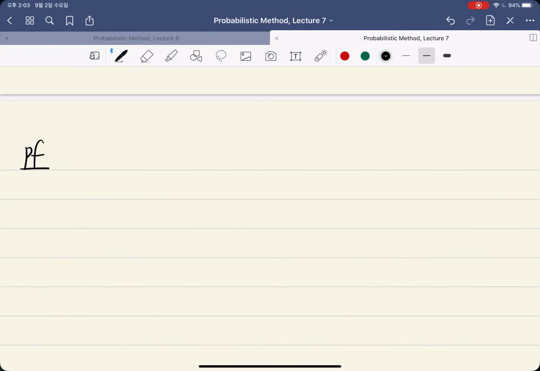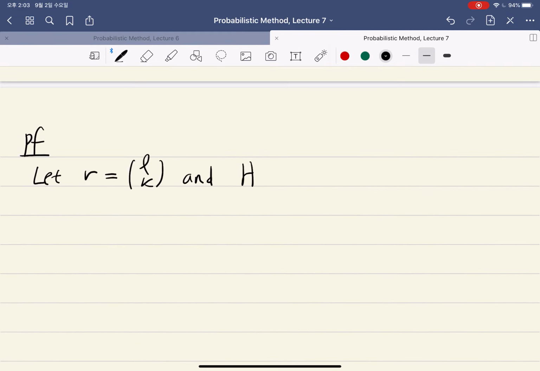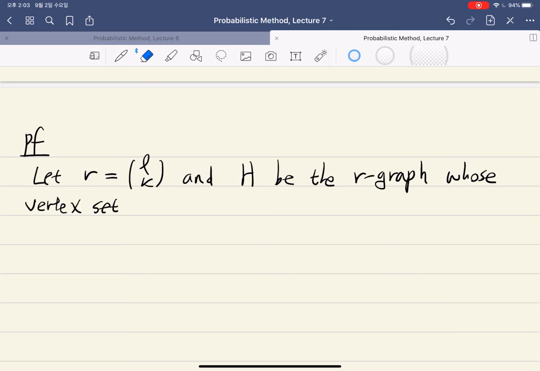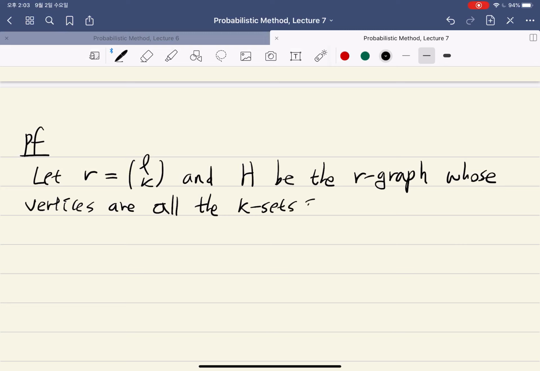So let r be l choose k. And we consider an auxiliary hypergraph H, an r-uniform hypergraph, whose vertices are all the sets of size k in [n].